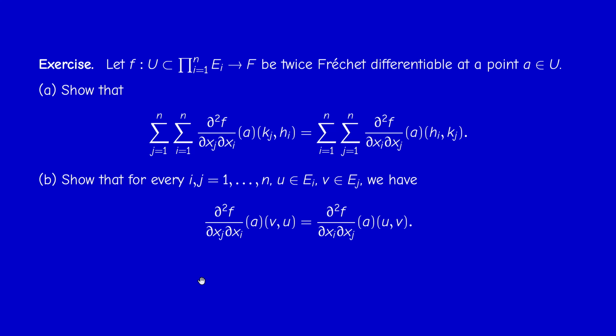And we have to deduce from this the following equality between mixed partial derivatives: the second order derivative with respect to xi first, xj second, at a in the direction of vu is the same thing, but we flip the order of differentiation, and we flip the order of the arguments as well. You have to deduce this from this by a particular choice of hi and kj.